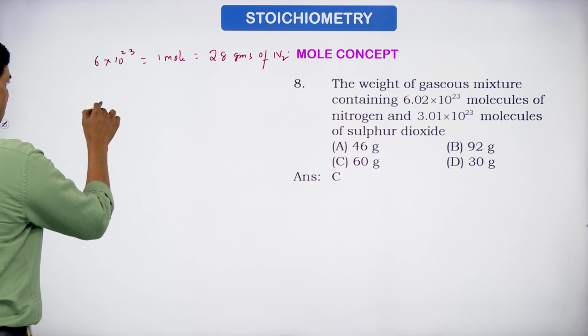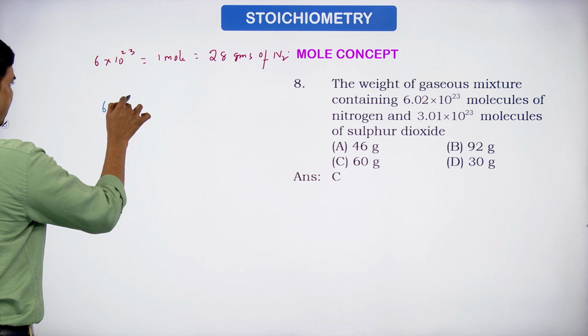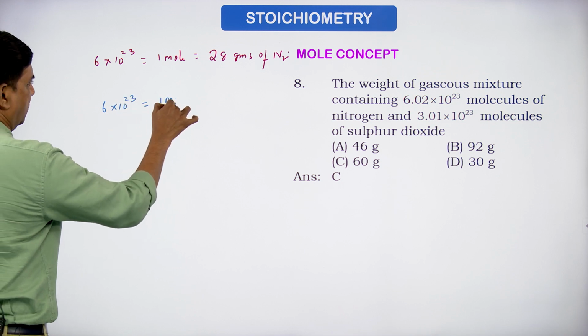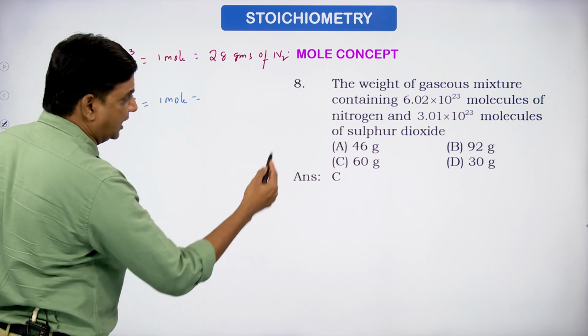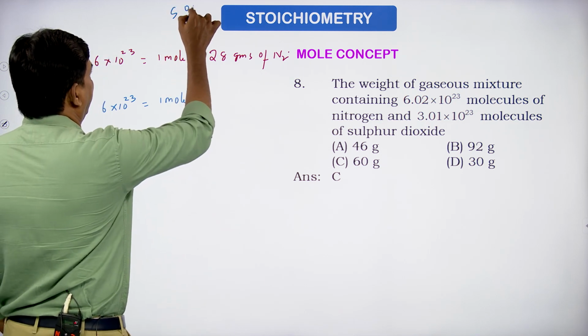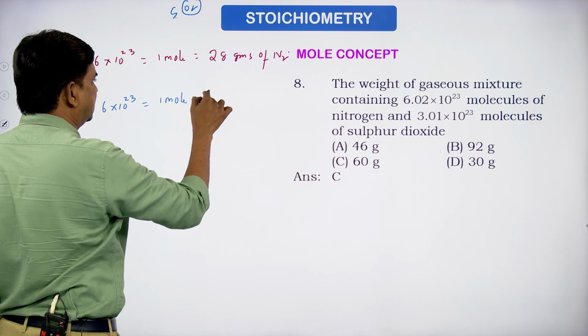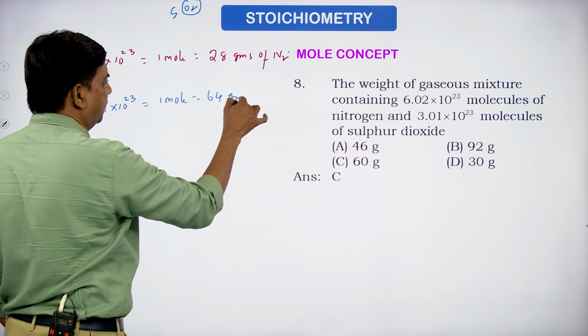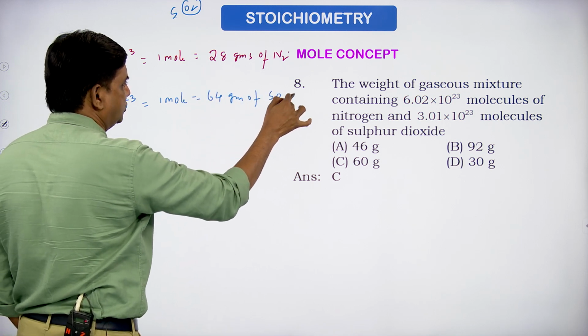Now, same 6 into 10 power 23 molecules equals 1 mole. 1 mole of sulfur dioxide, SO2, has molecular weight 32 plus 32, 64 grams. 64 grams of SO2.